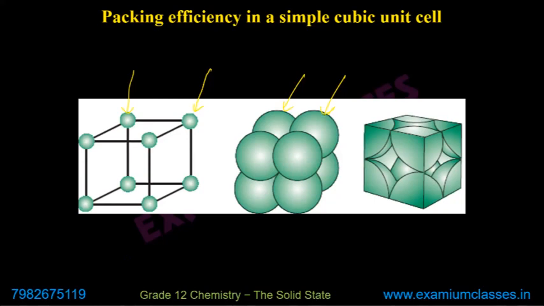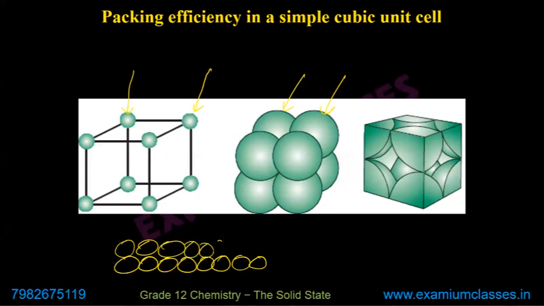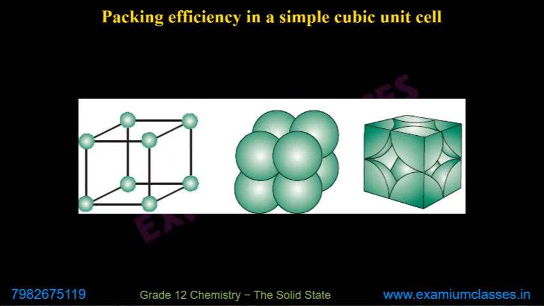If you remember, we had a one dimensional lattice, then a two dimensional lattice where all the atoms are one over the other. Then we had a 3D structure where one layer was over the other. So all the atoms are in contact. So in simple cubic, all the atoms are in contact with one another.